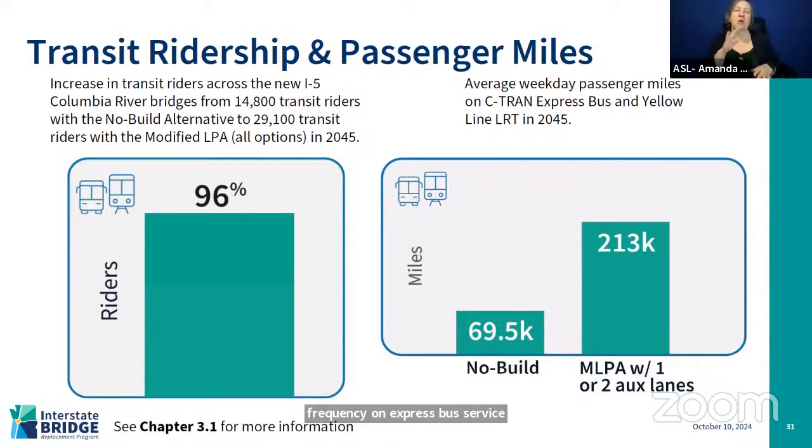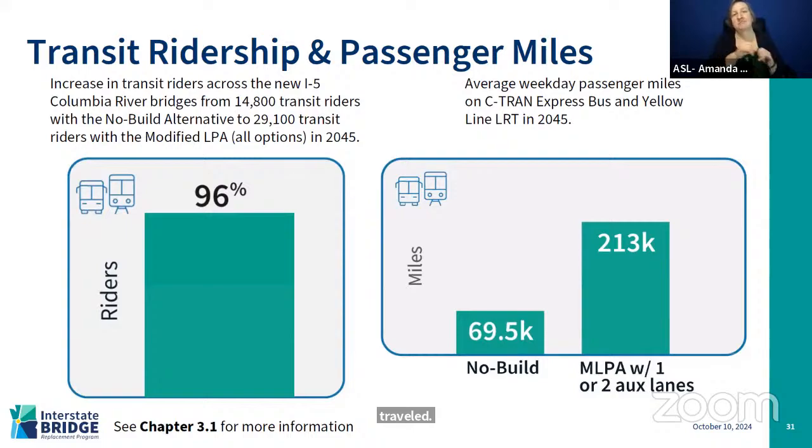And then the graphic on the right-hand side is passenger miles. It's the distance people travel on transit, so it's the transit vehicle miles traveled. The number of passenger miles occurring within transit exclusive right-of-way is one metric that gets at transit reliability.